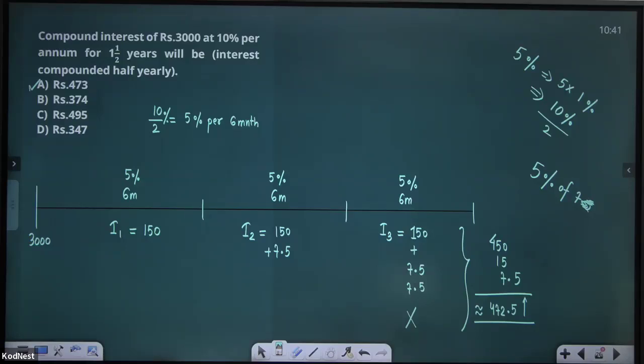I've changed some settings, just wanted to confirm. Is it better? Okay, it's clear from the starting. I've changed some setting in the Zoom.